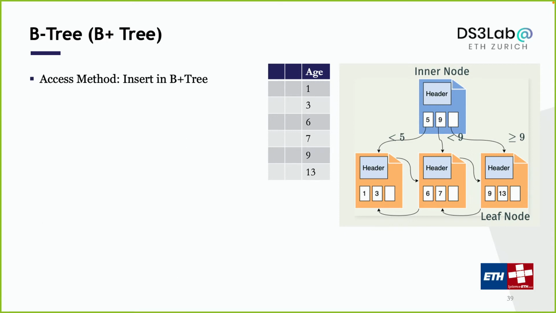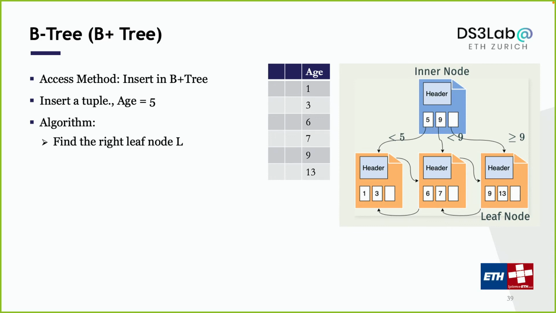So you can have other access methods. You could do insertion into a B plus tree. In this case, for example, you insert a tuple where age equals 5. The algorithm is that you try to find the right leaf node corresponding to age equals 5, and then you put the data in this leaf node L. Of course, when there is an empty slot in the leaf node, you just put it in, you're done.